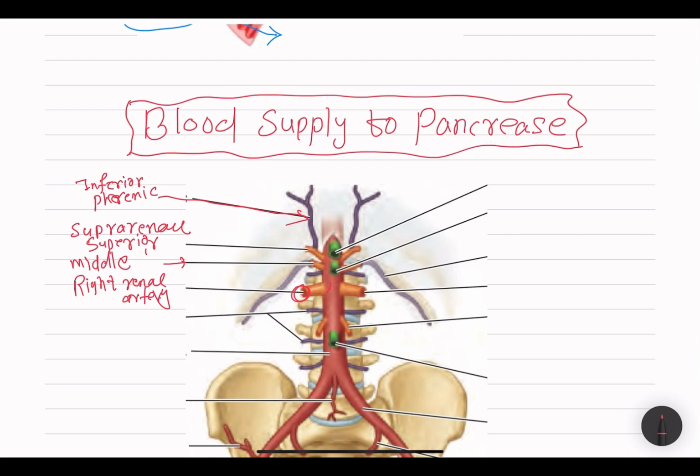And that side will be the left renal artery.